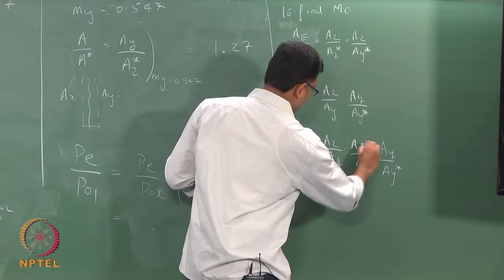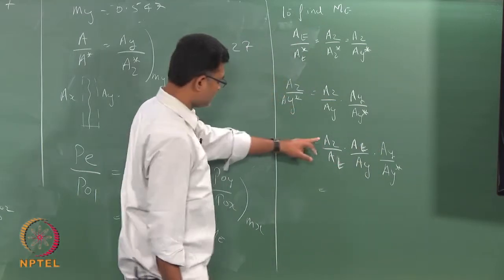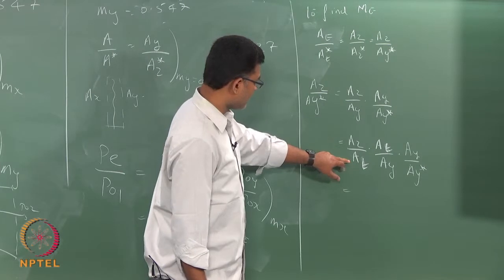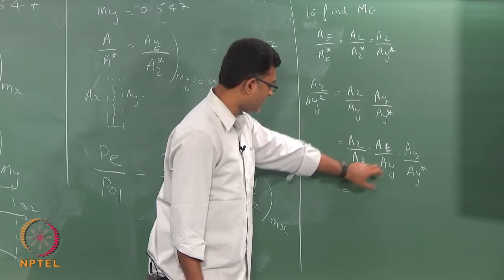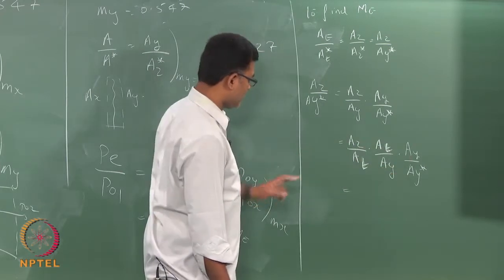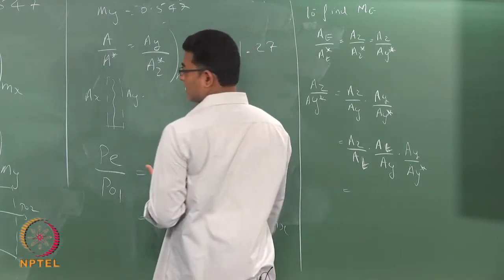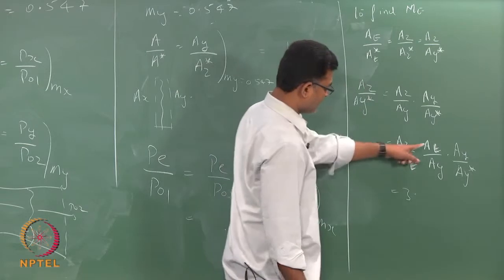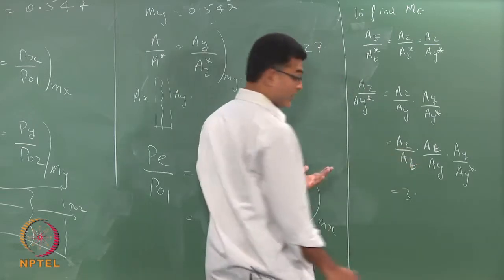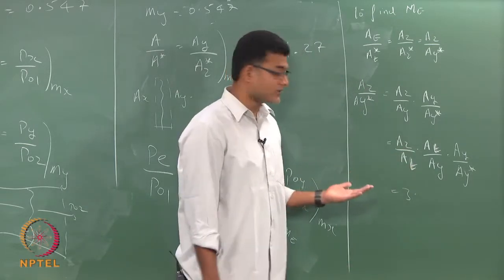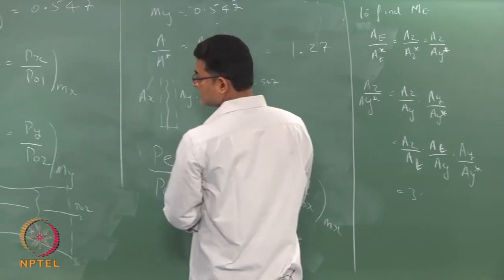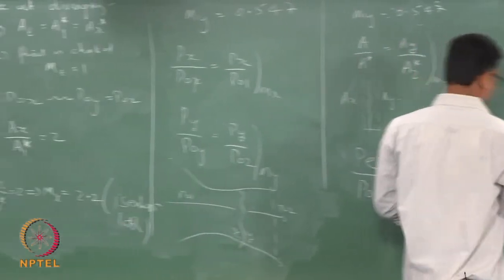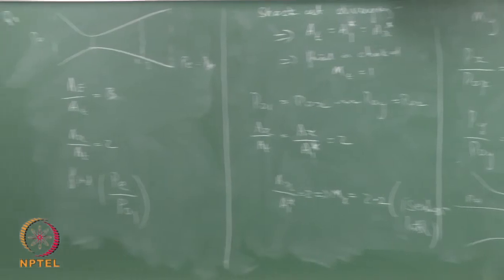So A2 by A throat is our area ratio, which is 3, and A throat by AY is the location where the shock is happening, which is given as 1 by 2, into AY by AY star.